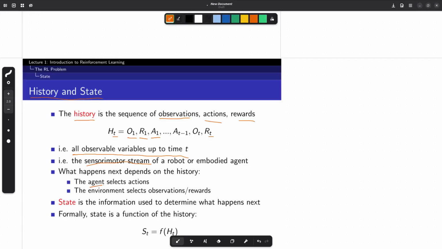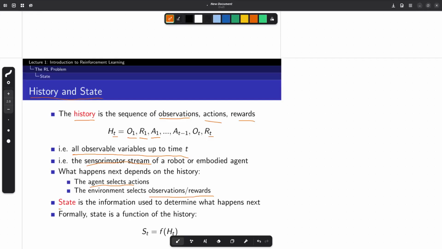So based on the history, our agent can decide what it has to do, and the environment, again based on the history, decides the observations and rewards that we receive. So all interactions in a reinforcement learning environment are based on the history.